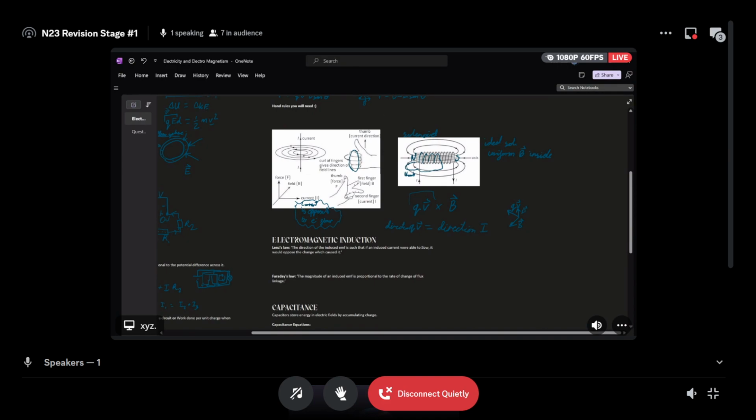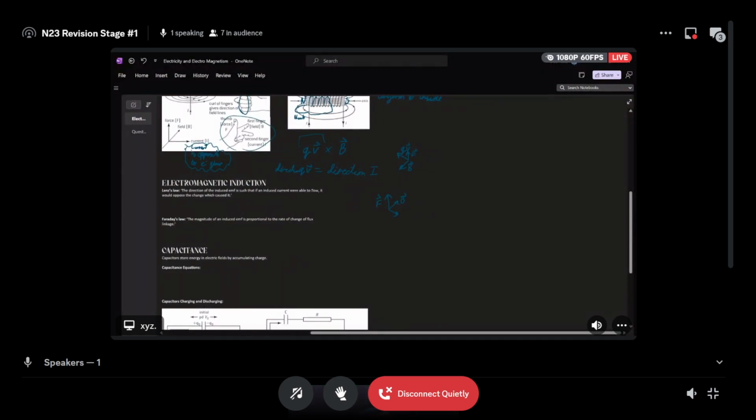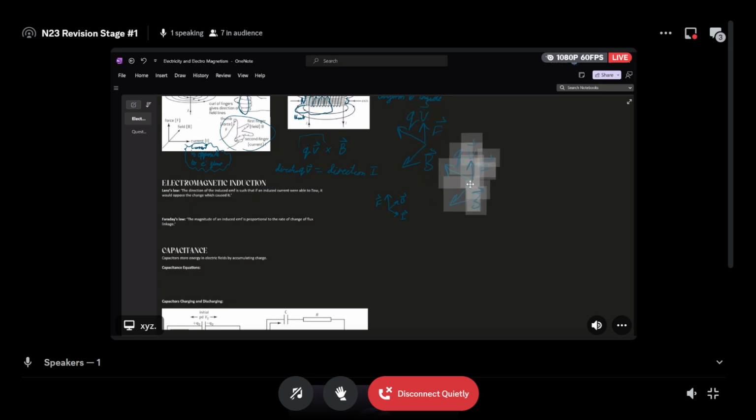The reason you get this hand rule as well using FBI: F will always be in the same direction, but we're assigning I and B into opposite directions. QV is equal to the I direction.